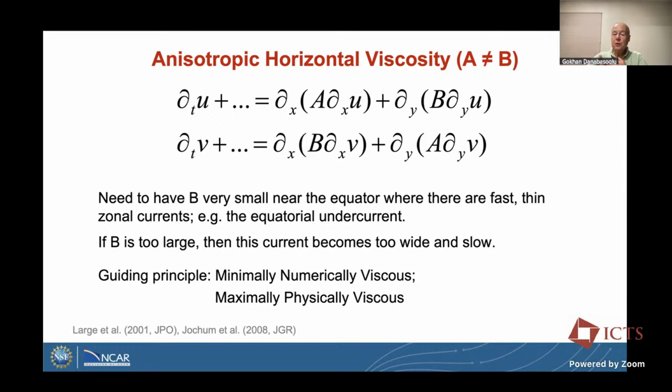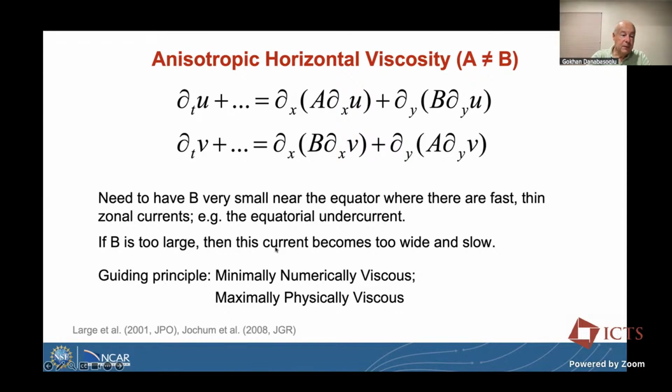If we have too large a diffusivity or viscosity coefficient, then we end up with really broad, unrealistic currents. And I'll show you an example of that in a second. If that coefficient is just too large, then we don't get anything essentially. This current system becomes too wide and too slow.